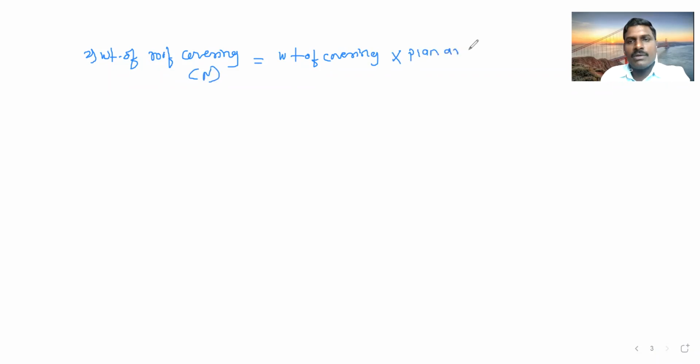So plan area of one panel. So weight of covering for AC sheet, how much? For AC sheet 120 to 160, and for GI sheet 100 to 150. So this we have to put here. Weight of covering means इथे 120 ते 160 आणि 100 to 150 पुट करायचं आहे, आणि प्लान एरियाने परत मल्टिप्लाय करायचं. आता प्लान एरिया कसा कॅल्क्युलेट केला लास्ट स्टेप मध्ये कळालं.